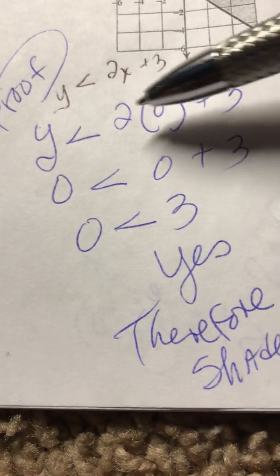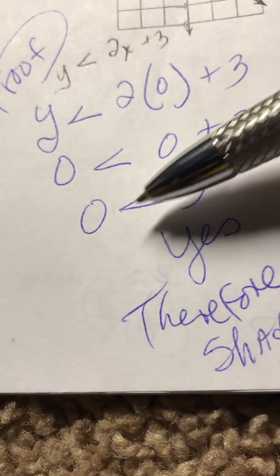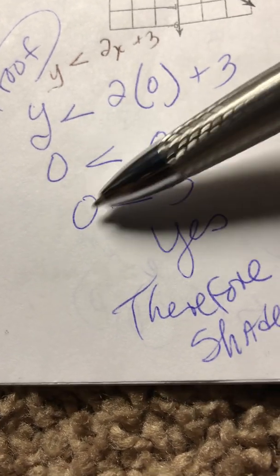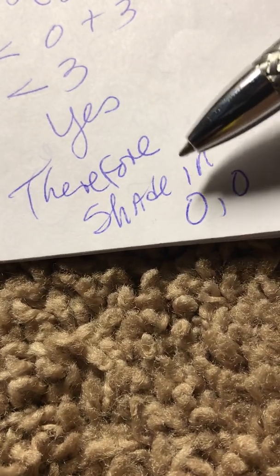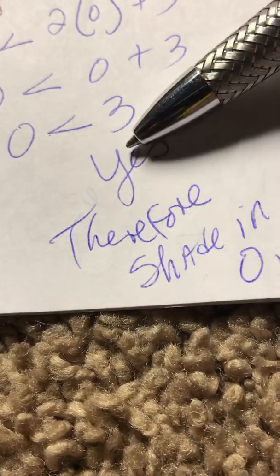So now you have 0 is less than 0 plus 3. 0 plus 3 is 3. Is 0 less than 3? Yes. Therefore, you're going to shade in 0, 0 because this formula proves that 0 is less than 3. So you shade in the 0, 0, this point right here.